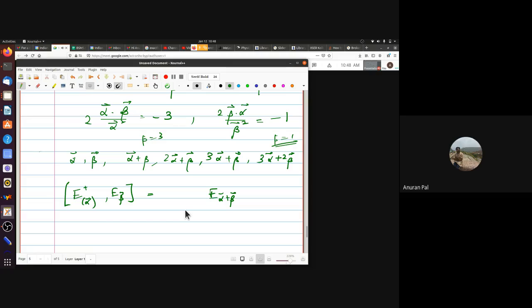So there are 4 roots: beta, alpha plus beta, 2 alpha plus beta, and 3 alpha plus beta that are accessible from E beta. So this is essentially a four-dimensional space that we are looking for. Right. So which representation is this?